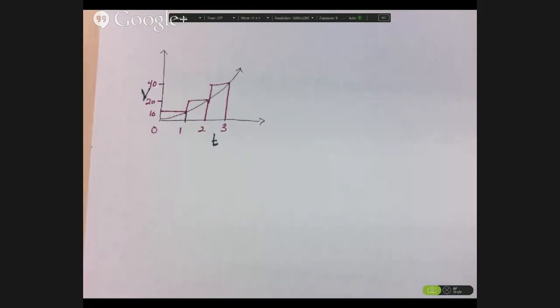Is that a high or a low estimate of the distance traveled? Low. It's high because we're above the graph. Okay.